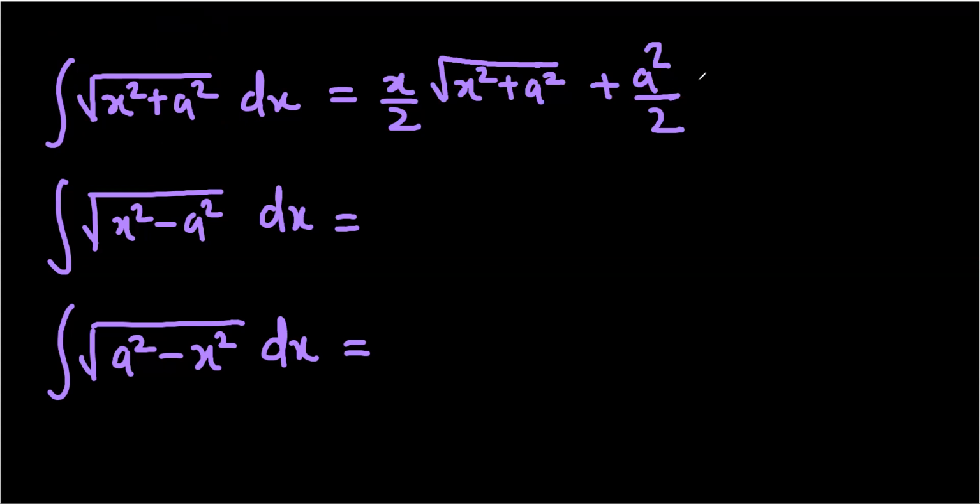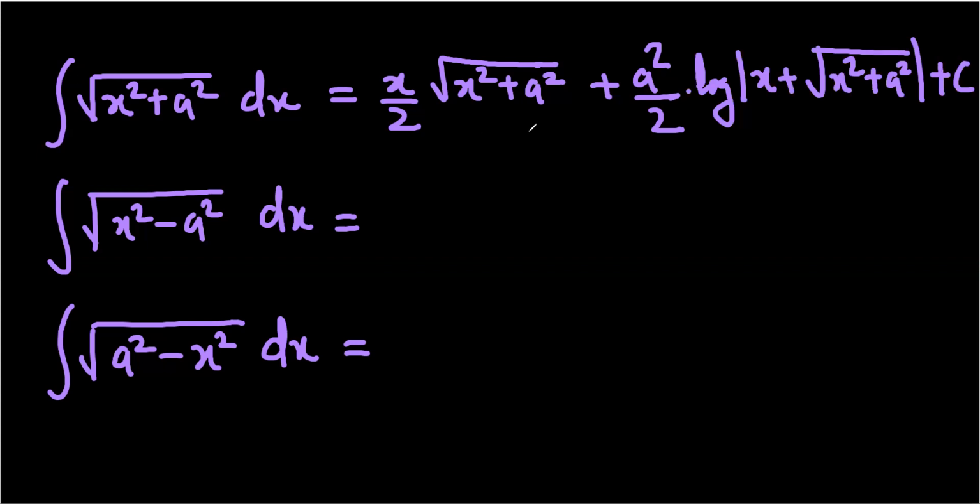So integration of 1 upon square root of x square plus a square was log of mod of x plus the square root as it is, x square plus a square plus c, and that gets you the first result. See how simple that is. Remembering this is very simple. Once again, there are two terms. I taught you how to write the first term as well as the second term.